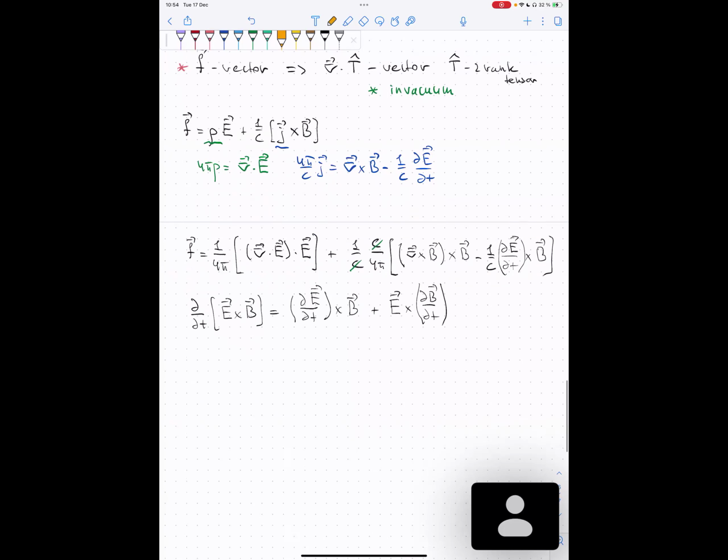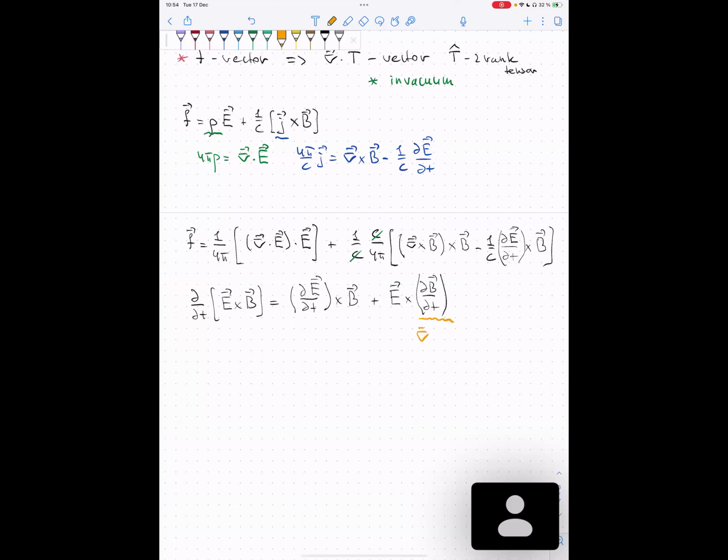And dB over dt is actually minus c times curl of E. So this expression in the end equals dE over dt times B minus c E times curl of E.